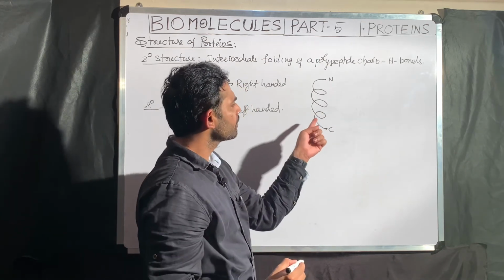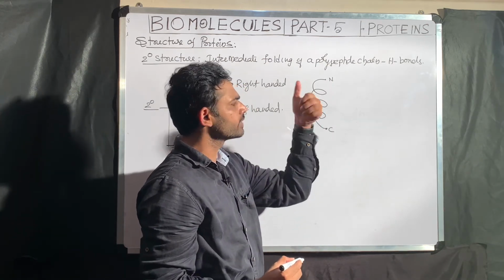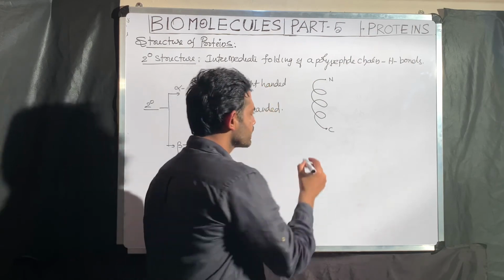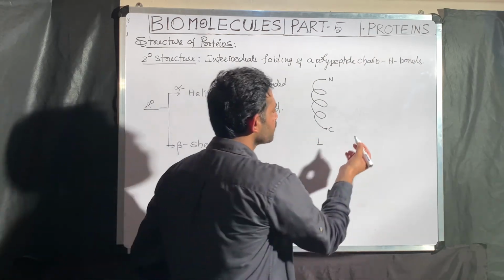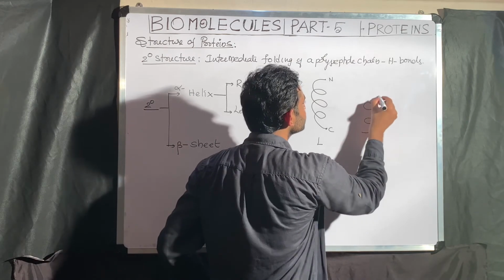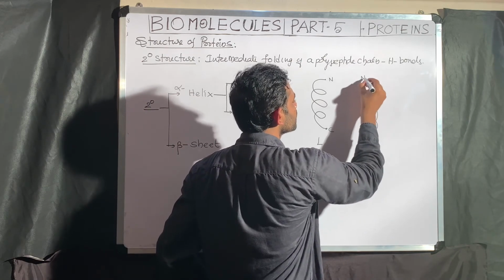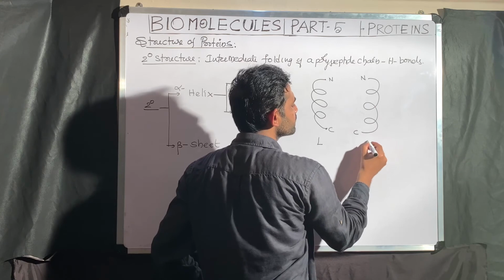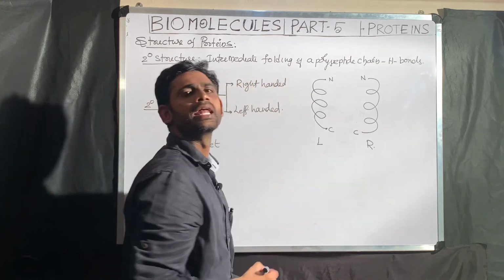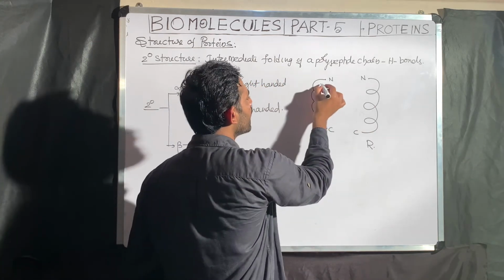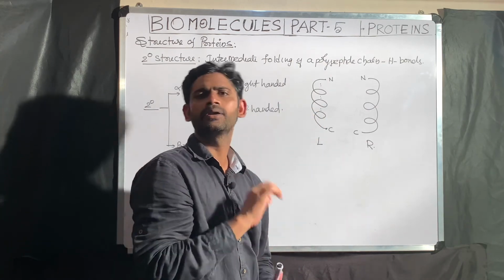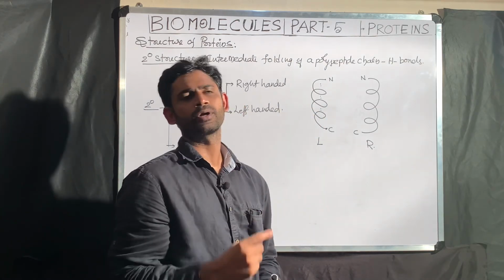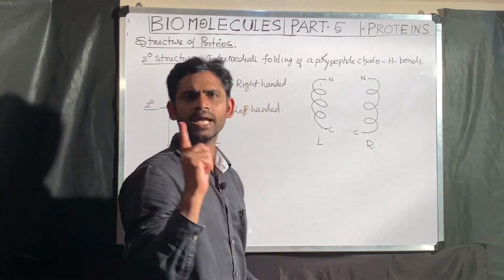This helix is folded in the direction of the left hand. That is why this is called a left-handed helix. In the same way, you can observe like this. This is the N terminal, this is the C terminal. This is a right-handed helix. Now these are hydrogen bonds, either intra-hydrogen bonds or inter-hydrogen bonds. Commonly I wrote here, H bond.